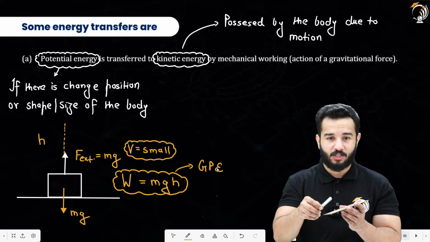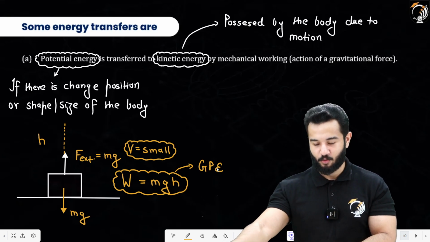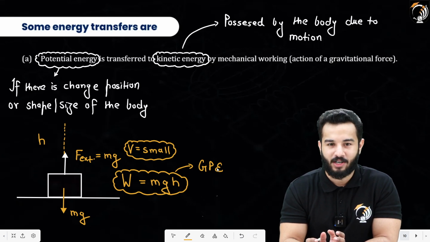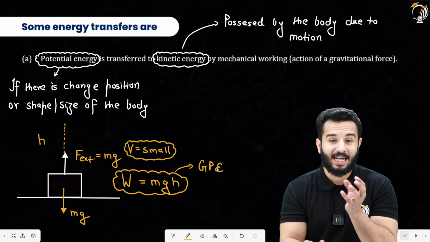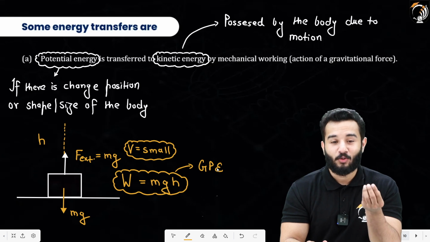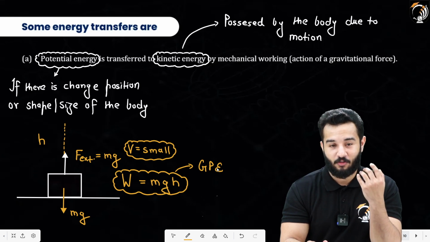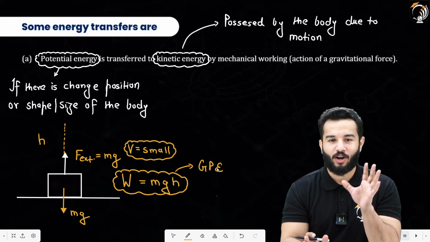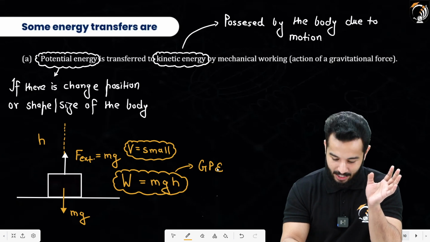When objects move on a surface, we basically discuss friction force, and when you do work against friction force, that is not recoverable, right? So there is something called a conservative force or a non-conservative force. There are only a few forces against which, if work is done, then only are we going to talk about potential energy. So for now, that's the only important thing that you will have to remember.